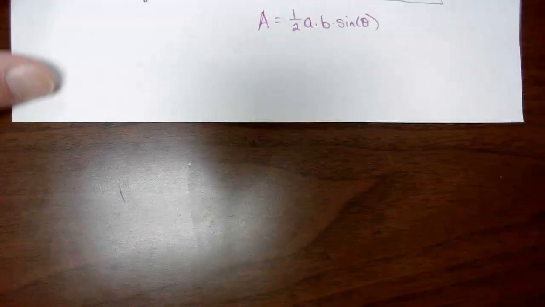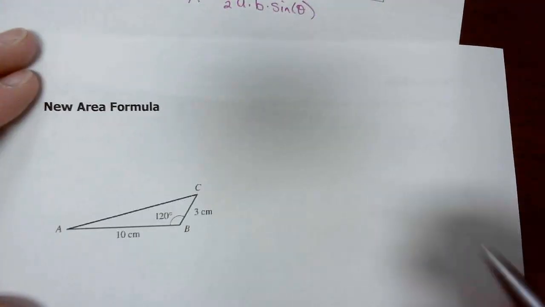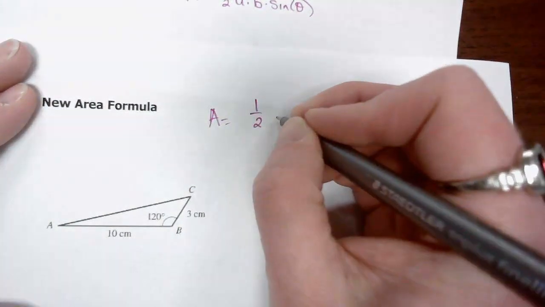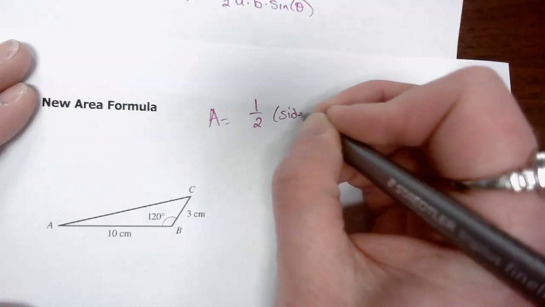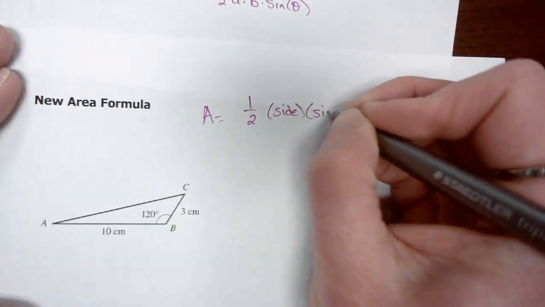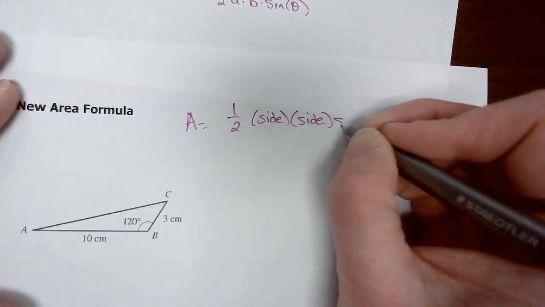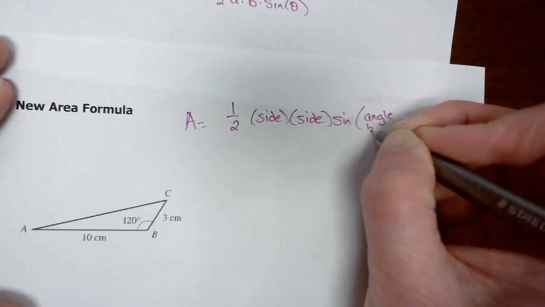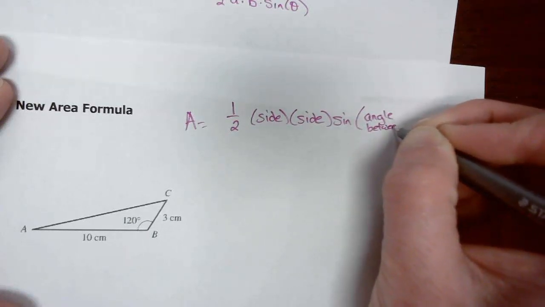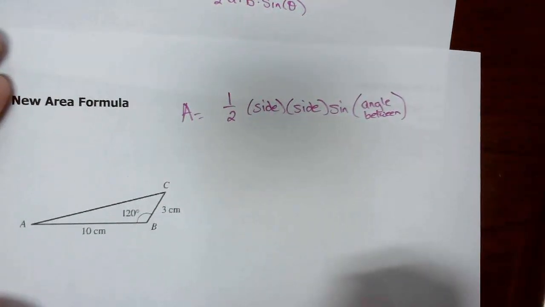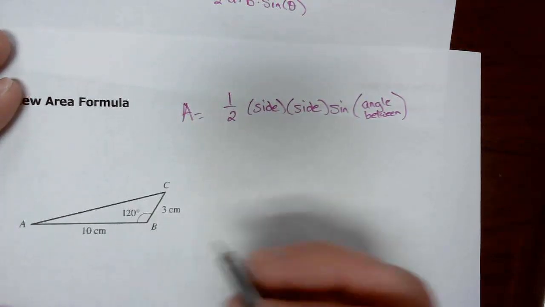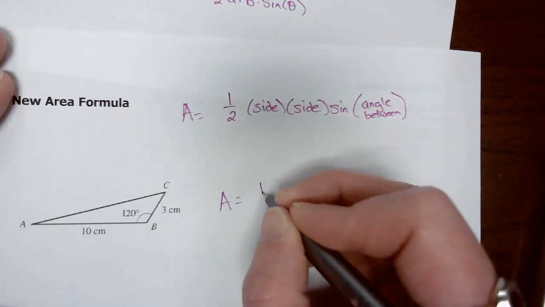So we have a new area formula, and this area formula is 1/2 a side times a side times the sine of the angle between. So if I know two sides and I know the angle between, I can find the area.